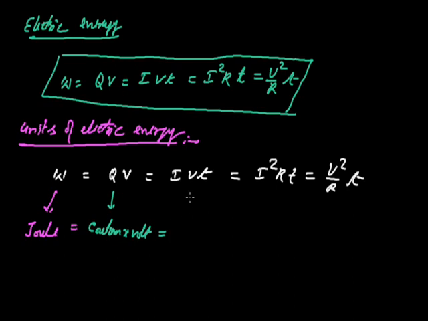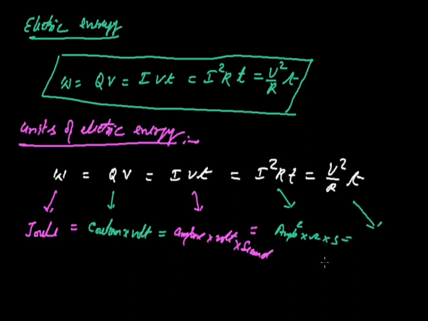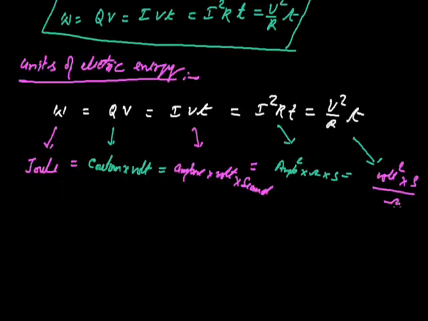Third is ampere into volt into second. It also equals, for I square Rt, ampere square into ohm into second. And from the last one it is volt square upon ohm into second. All are the same. These are the units of electric energy.